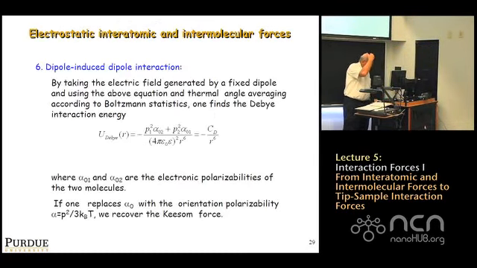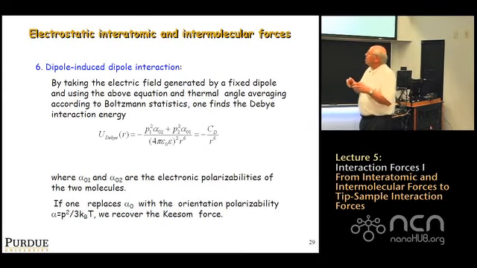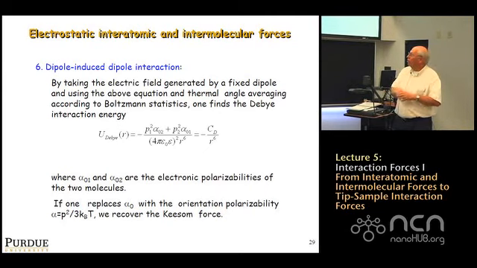And you can put that into a dipole-induced dipole interaction, and you end up with something called the Debye interaction energy, right? It contains dipole moments squared. It contains polarizabilities, right? These are for two distinctly different molecules, P1 and P2, interacting with one another.